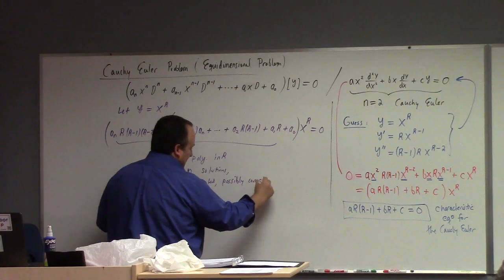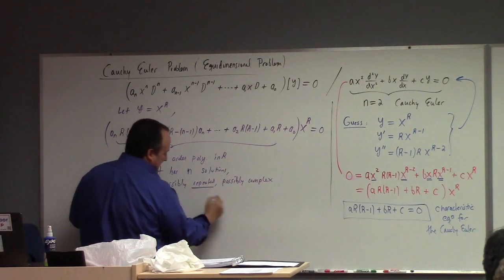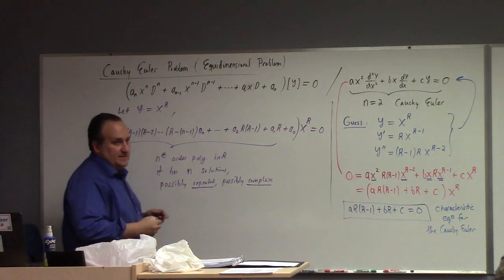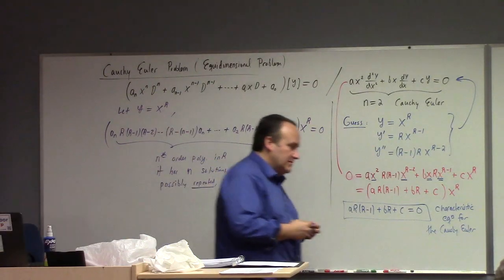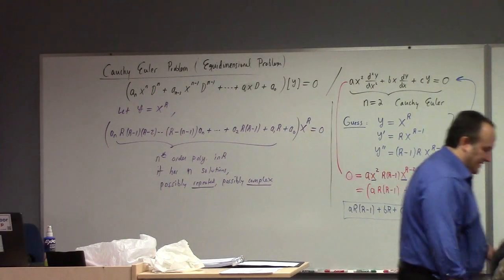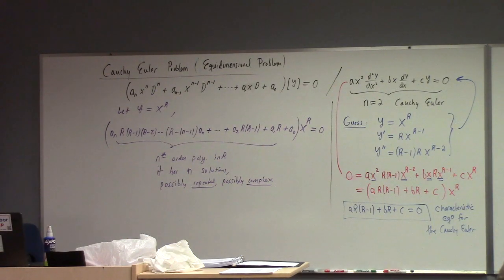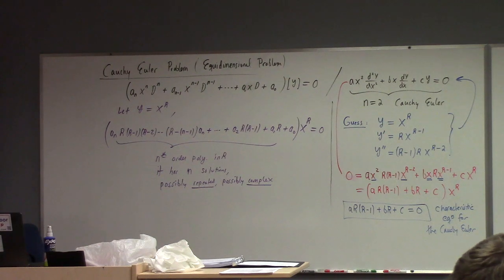So both of those, the repeats and the complex, it's going to take us a minute to wrap our minds around that and see what those solutions look like. But actually the story is going to pretty much remain the same as it did before in terms of the repeat. Well, okay, now that's not quite true. Before we saw that when there was a repeated solution, we just ended up multiplying the exponential by what?